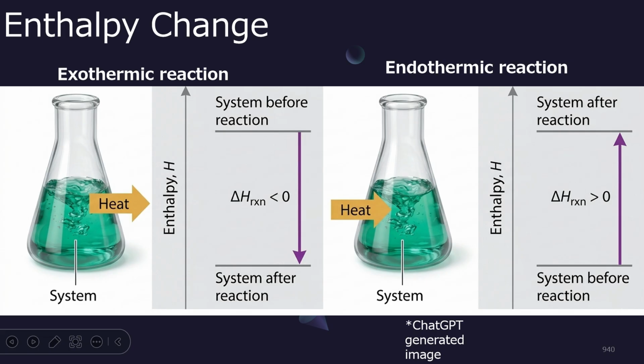Endothermic reaction: this will not go unless it is able to absorb heat energy from the surroundings, from the glass, from the table, from the atmosphere, from the solvent. It needs to get that energy to proceed forward. So our system before the reaction is low energy, and our system after the reaction is higher. So this delta H arrow goes from before to after, upwards. That's a positive change. Delta H is greater than 0.